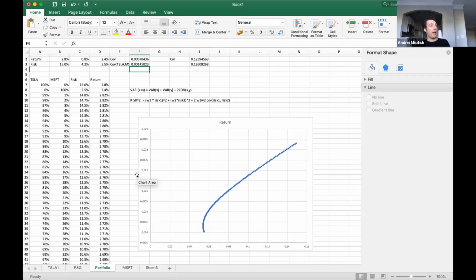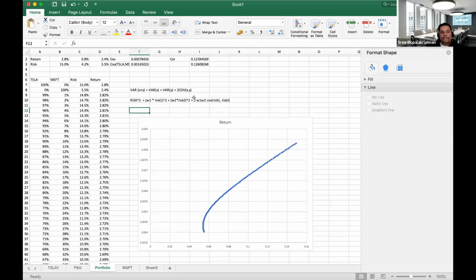If we want to expand that, and if we want to have portfolio of 3 securities, the logic would be the same, and actually the same formula, it wouldn't change very much. So we had this squared risk of the first security plus squared risks of the second plus 2 covariances.